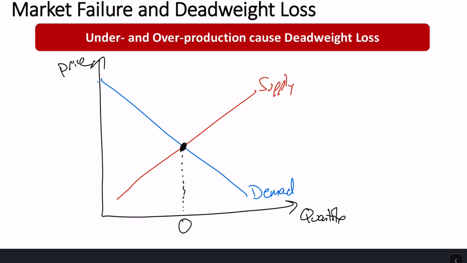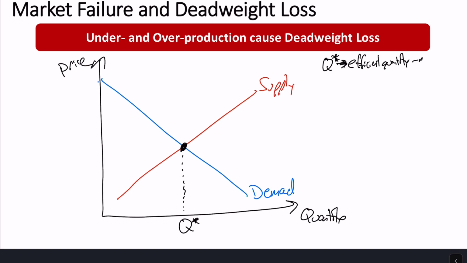All right. And so let's do Q star for that efficient quantity. Q star, efficient quantity, so maximizes total surplus. There we go. All right.